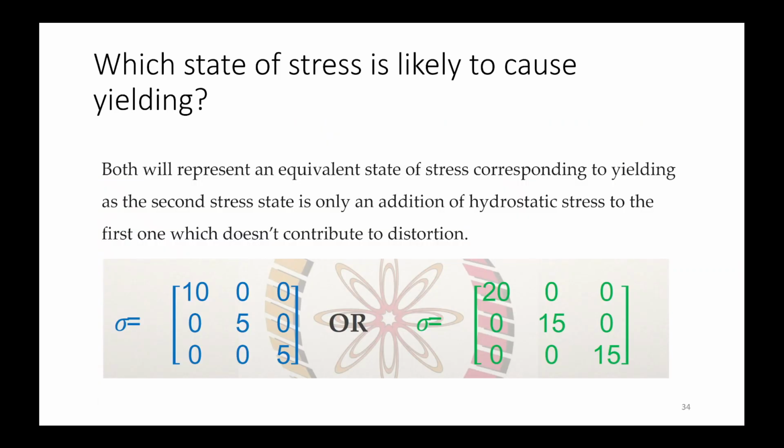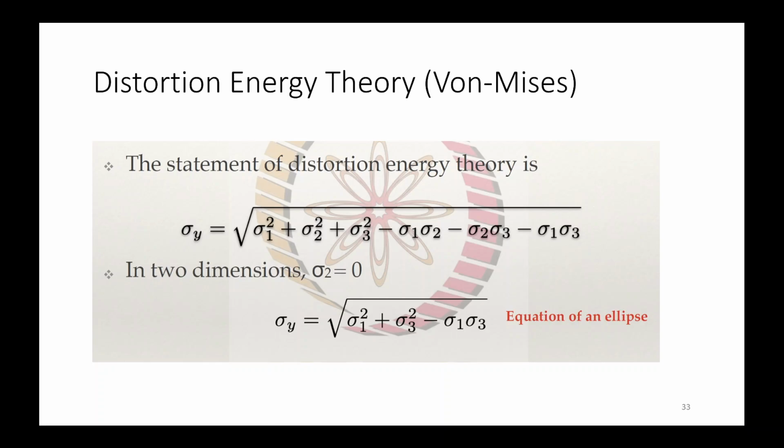Ma'am, can you go to the previous slide, that formula of von Mises? If we apply it here, see, sigma 1, sigma 2 and sigma 3, although we are adding constant values, their magnitudes are different, no ma'am? So the sigma y which we will get in both the cases will be different. So how are they equivalent?